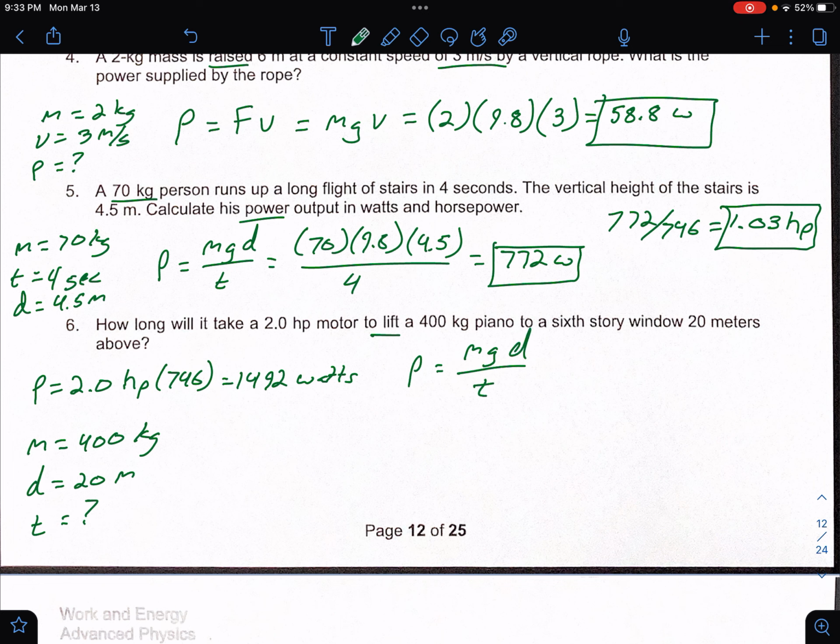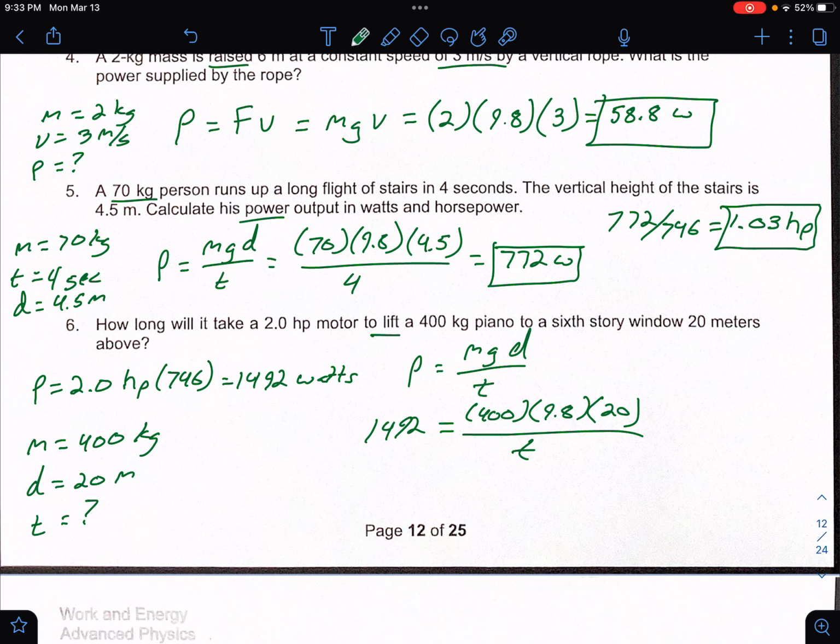So power is now 1,492. Your mass is 400. Gravity is 9.8. Distance is 20. Time you don't know. Now, please be careful with this. This is probably one of the number one math mistakes we see: people try to multiply both sides by whatever 400 times 9.8 times 20 is.